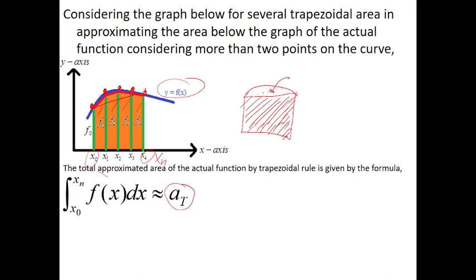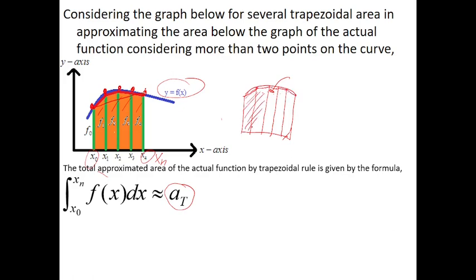Unlike if we form several trapezoids, let's say we have those. So we have first trapezoid, second trapezoid, third trapezoid, fourth trapezoid, fifth trapezoid.